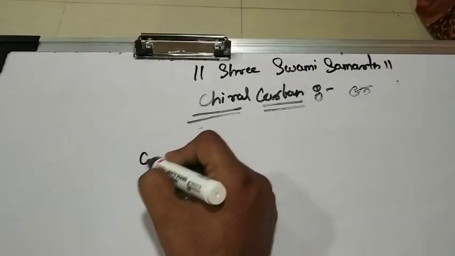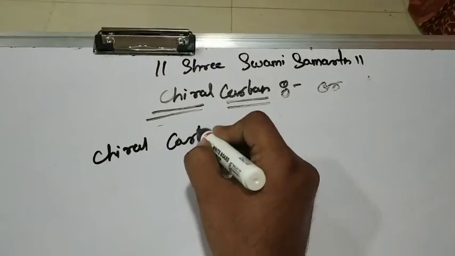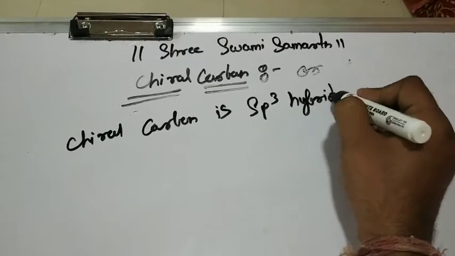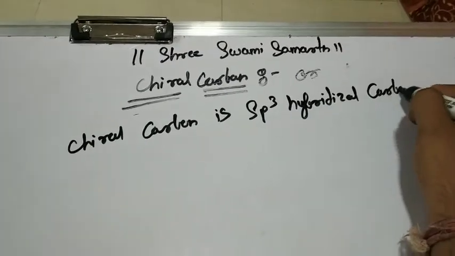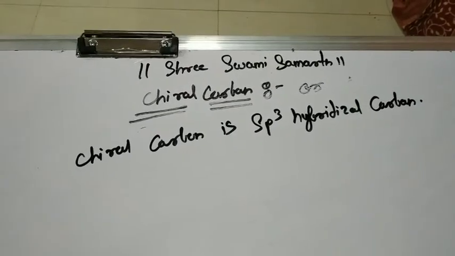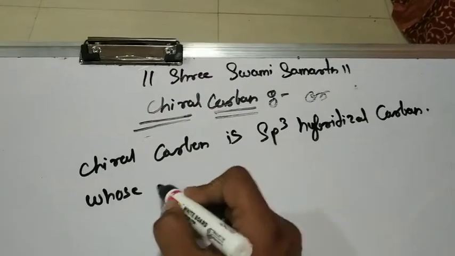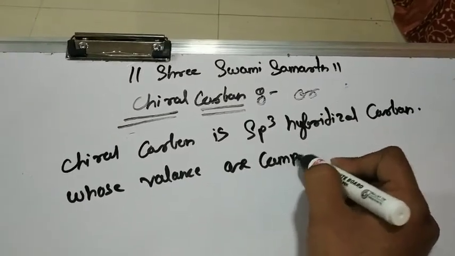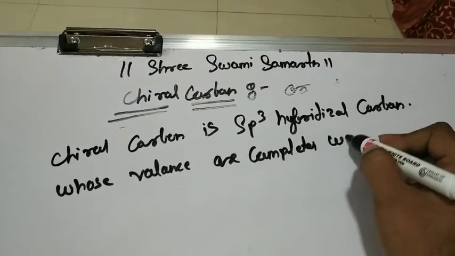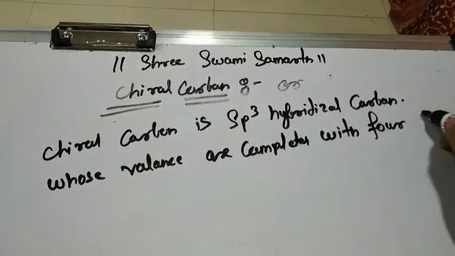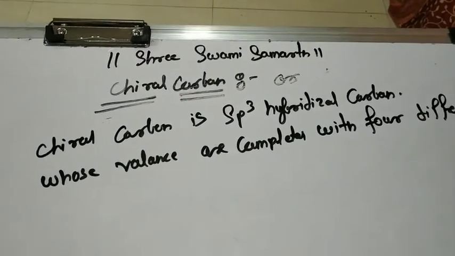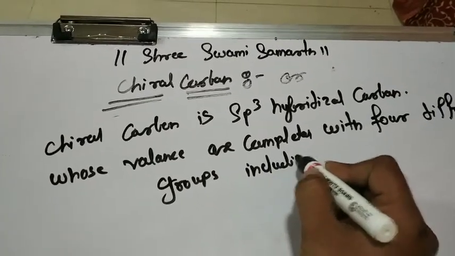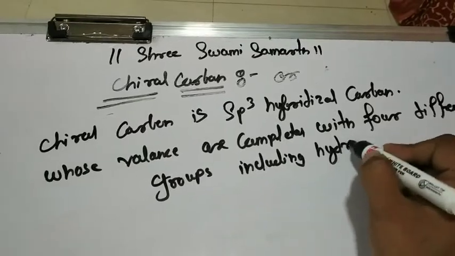See, chiral carbon is an sp3 hybridized carbon whose valencies are completed with 4 different groups, including hydrogen, right?